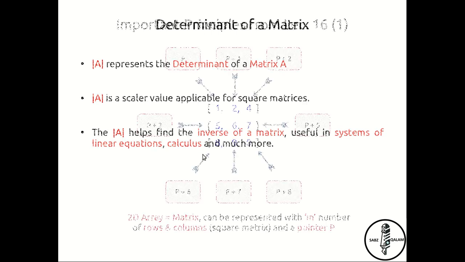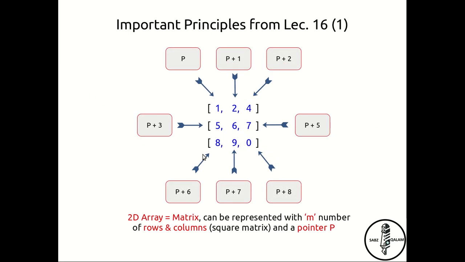Now, this is a two-dimensional array, and we've discussed this in lecture number 16 as well. So this two-dimensional array is in fact our matrix. Now this matrix can be represented by m, which are the number of rows and columns, because it's a square matrix. Remember, for determinants we need square matrices, and a pointer p.